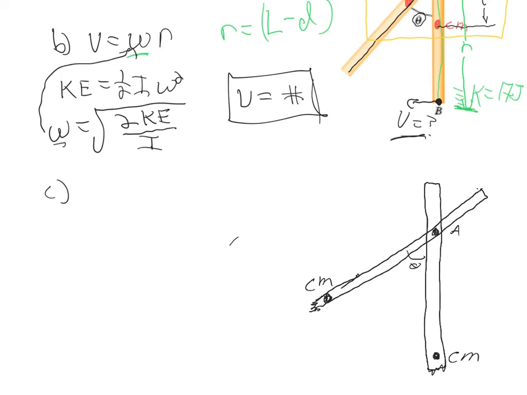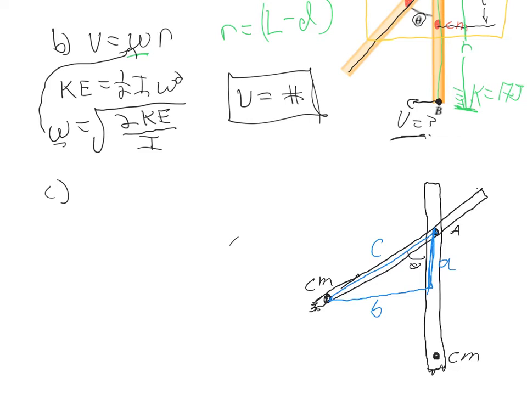So what I want to do here now, if we're trying to figure out theta, is look at a triangle, right? And so let's form a triangle right here. If we call this side A, this side B, and this side C, if we can figure out any two of those, we can then use trig to find the angle.